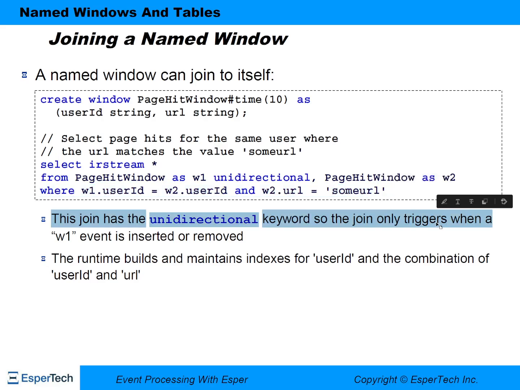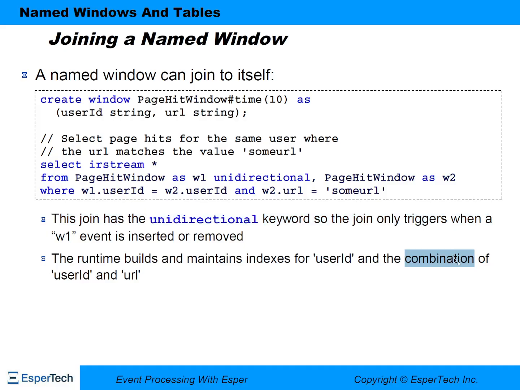This join has the unidirectional keyword, so the join only triggers when a W1 event is inserted or removed. The runtime builds and maintains indexes for user ID and the combination of user ID and URL.